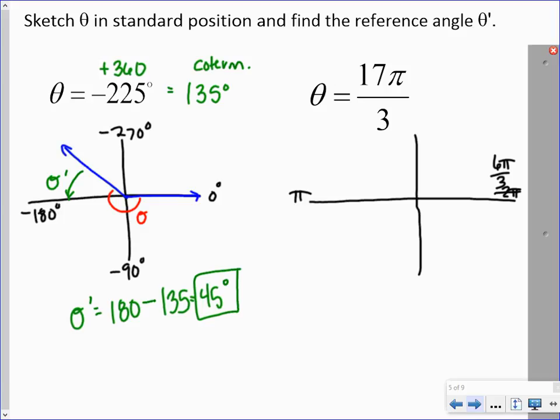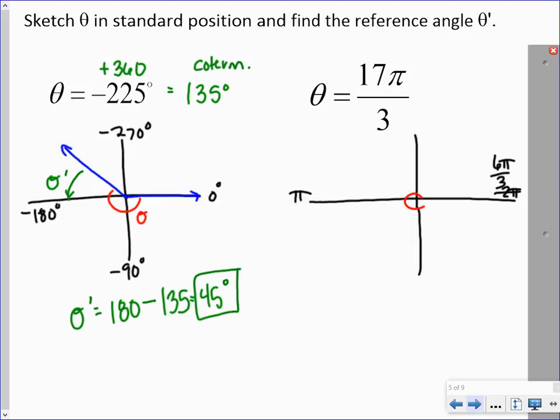And so in order to draw that angle, I'd have to go around one full time to 6 pi over 3. And then I'd have to go around again, which would get me to 12 pi over 3. And then I wouldn't want to go all the way around because that would be 18 pi over 3. I want to go 1/3 less than that. Okay. So in terms of my angle, I'm going to do the spiral piece first.